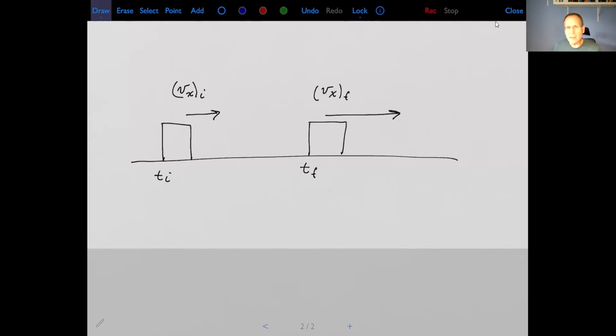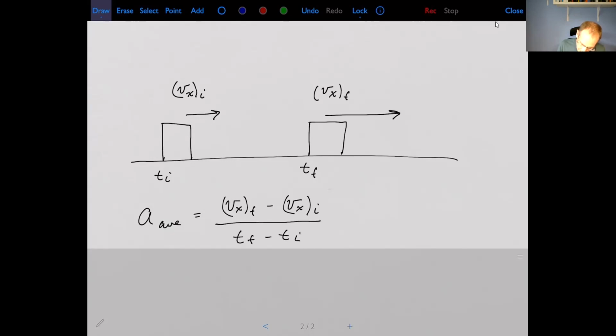So now that there is a change in velocity, right? This object is undergoing some change in velocity. We could define what's called the average acceleration. So usually write it as a_av. And that's equal, it's defined to be the final velocity minus the initial velocity. The x just means I'm moving in the x direction, right? One dimensionally along the air track, divided by the final time minus the initial time.